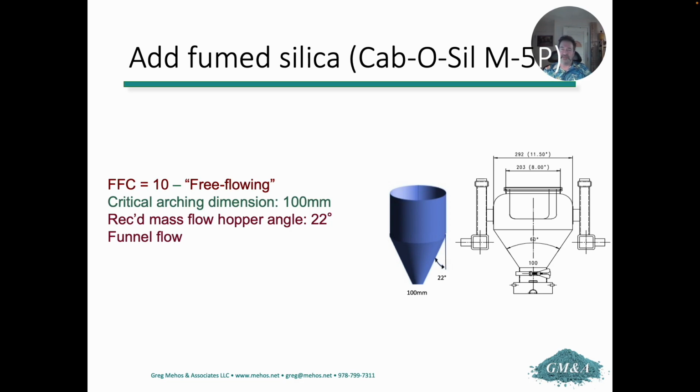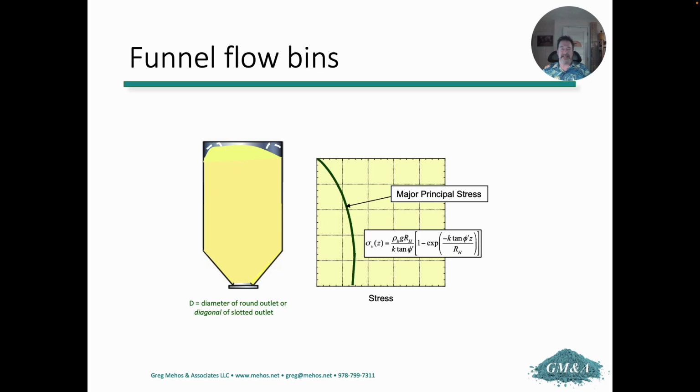So, well, it's not hopeless. Funnel flow is not bad as long as it doesn't form a rat hole that's stable. So that's another calculation. Again, if we know the bulk density and we know what the wall friction is, we'd be able to calculate what the stress profile is inside our funnel flow hopper. And unlike before, the stresses aren't going to be reduced at the lower section just because things aren't flowing, at least not along the walls.